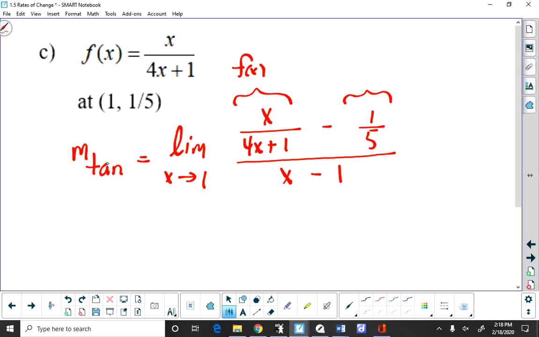This is your f of a, also known as the y-coordinate of the point. You certainly could, and some people will, do the following. But I'm going to erase it in a second. What some people will do is this. Right? There's f of x, and then f of a is putting a equals 1 in, but 1 over 4 times 1 plus 1 is 1/5. It's already given to you.